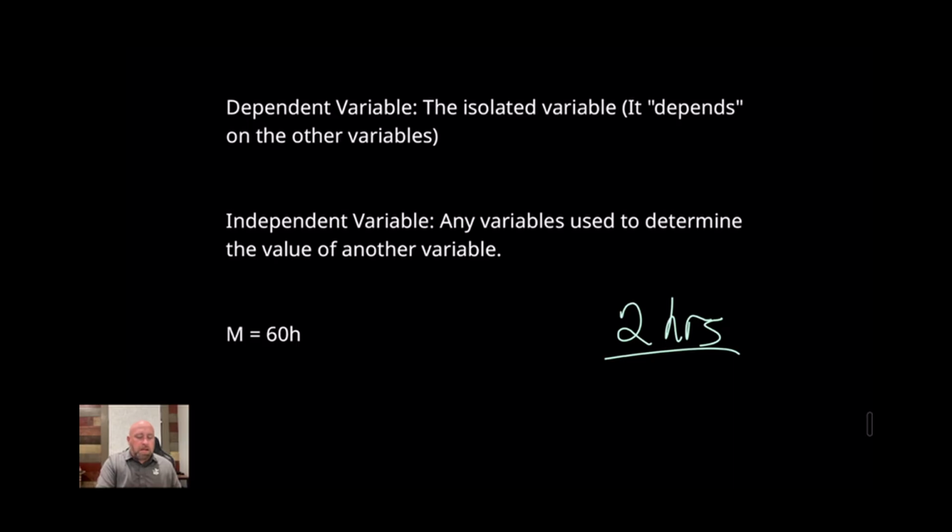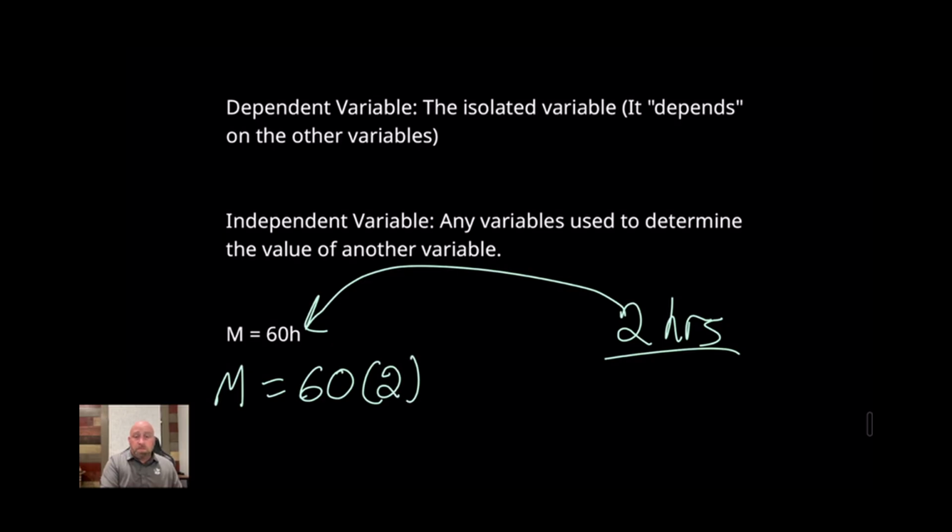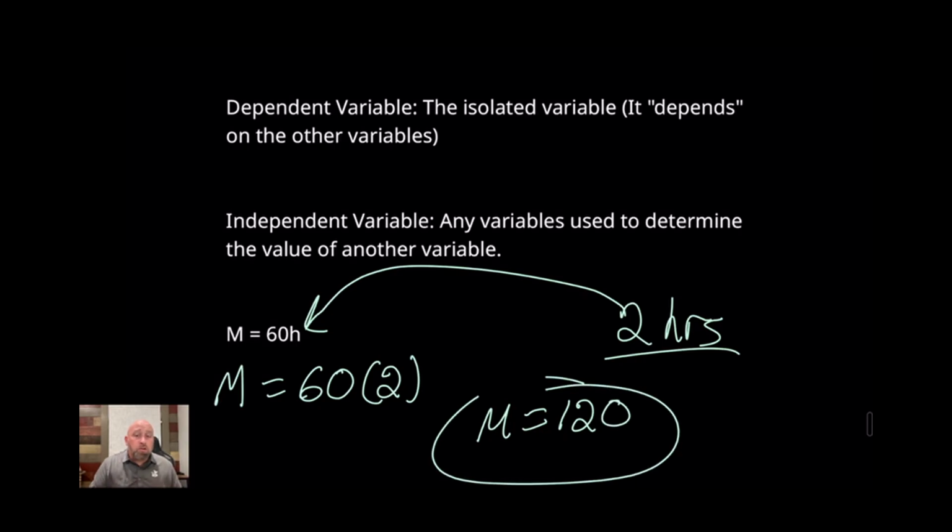My H is going to equal 2. So I plug 2 in here and I get M equals 60 times 2. Well, 60 times 2, you get M equals 120. That would be the answer. There are 120 minutes in 2 hours. So that's a formula for solving how many minutes there are in X number of hours.